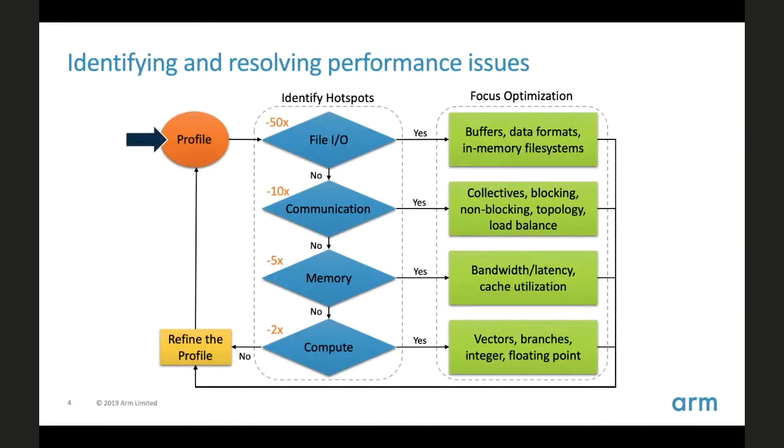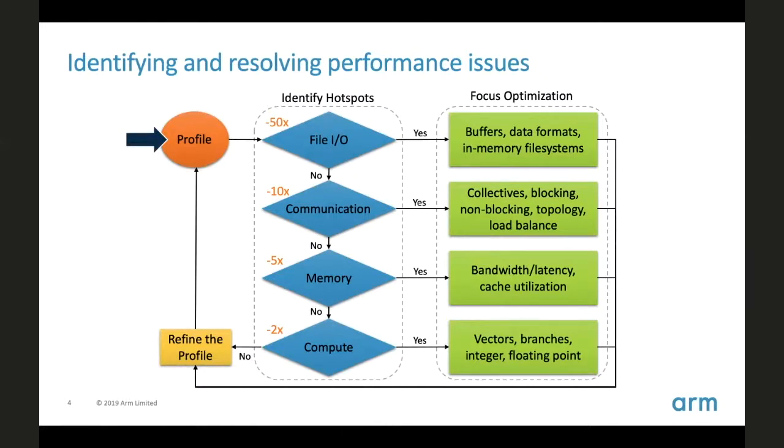Start by profiling your code so you get a clear understanding of where time is being spent, and then focus on file I/O, communication, memory, compute, some aspect of your application, and try to identify how much performance gain is possible there. Now the orange numbers I've shown next to the various aspects are the types of slowdown I've observed in the real world when that aspect of the application is done poorly.